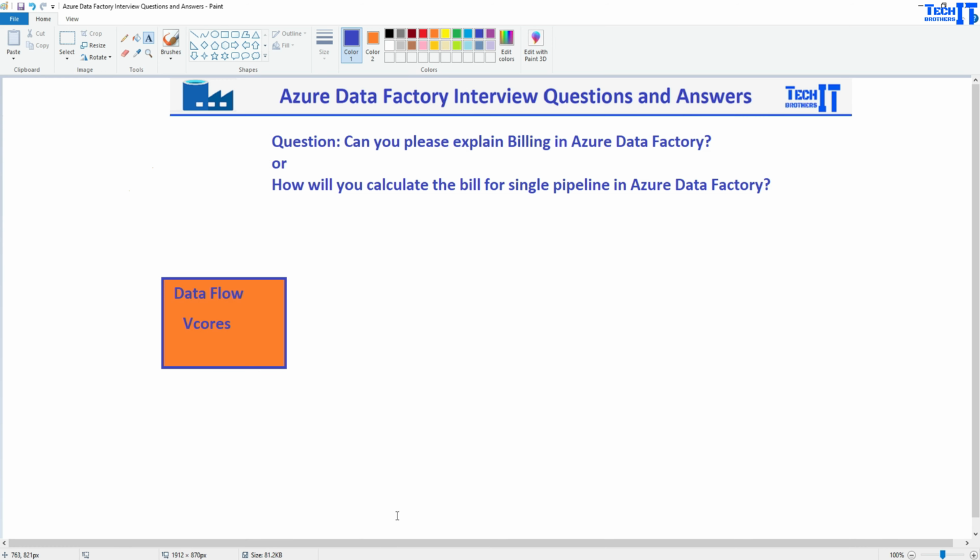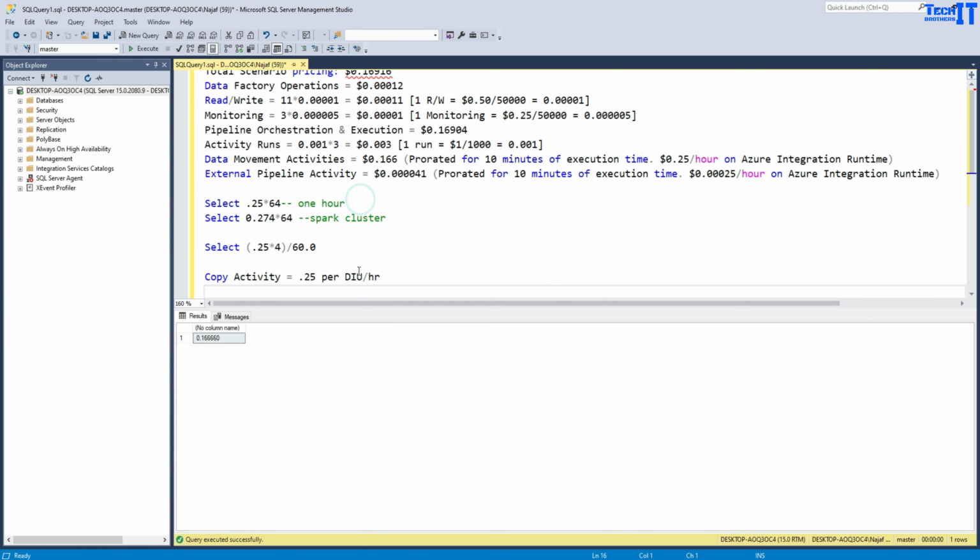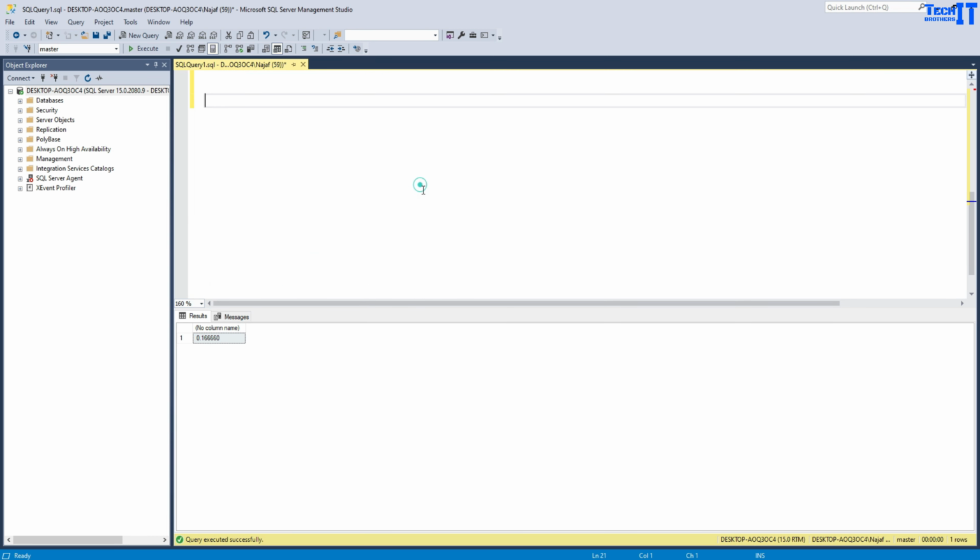So in our example, instead of using copy activity, let's say I want to use the data flow, my data flow rates are here. So if I just look at the data flow charges, you have this much per hour.